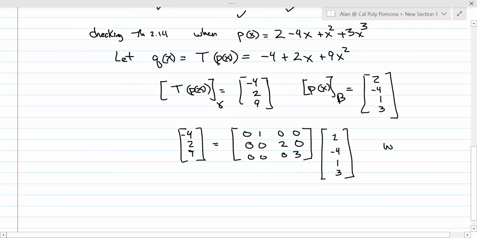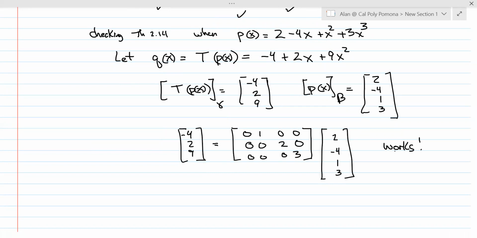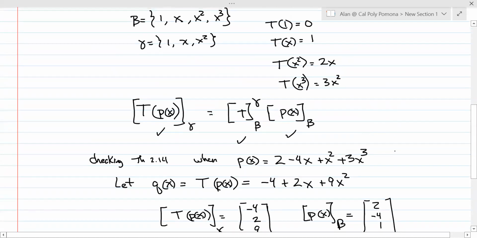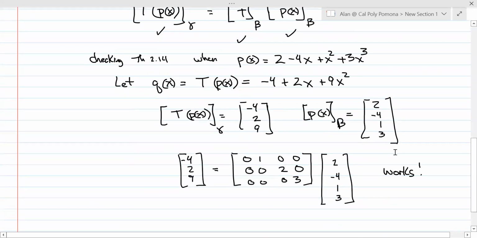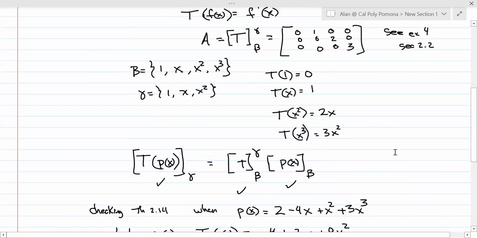So the whole thing works. Okay, so this would be an explanation by example, at least, of what this theorem is saying. And now that we have it in front of us, well, let me see. I don't think there's anything more to say. No, that ends the example. So any questions on the example, at least?